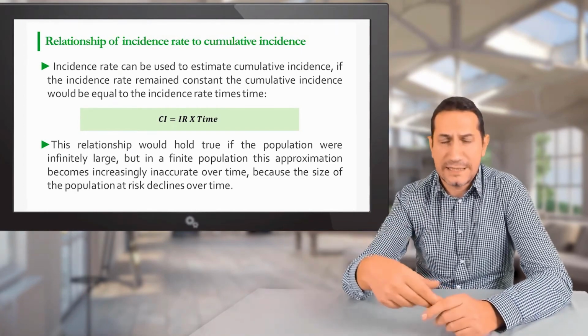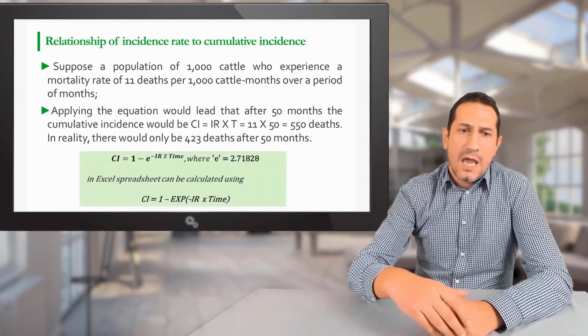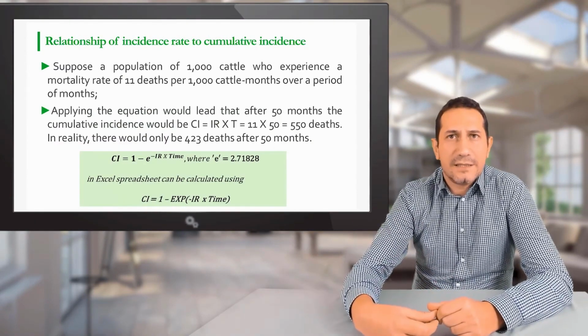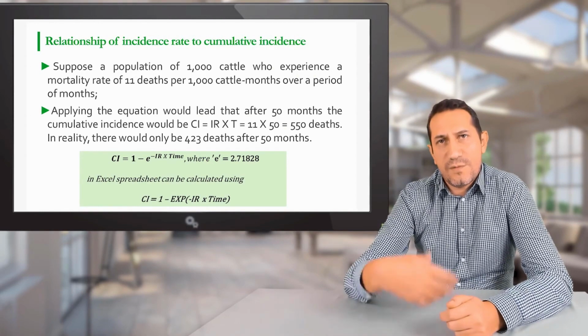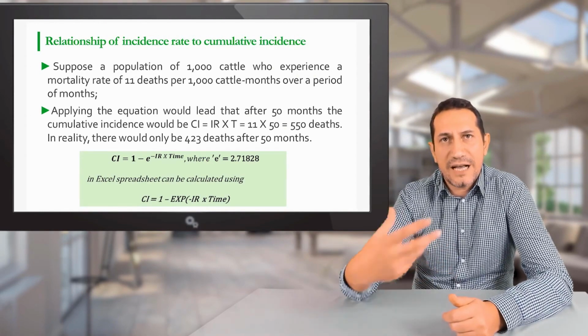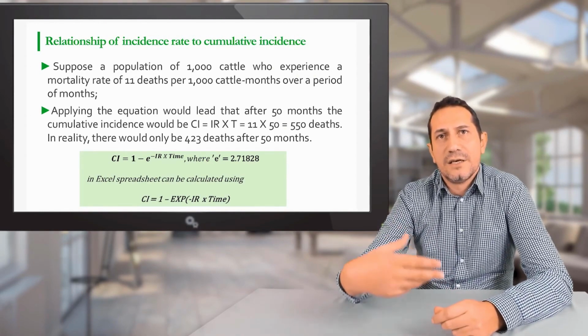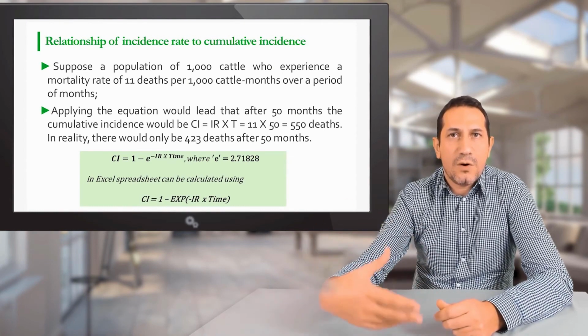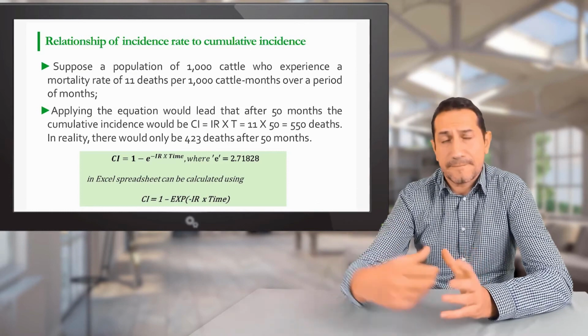We will see that in an example. Let's suppose that we have a population of 1,000 cattle, in which 11 cattle die per 1,000 cattle-months over a period of months.